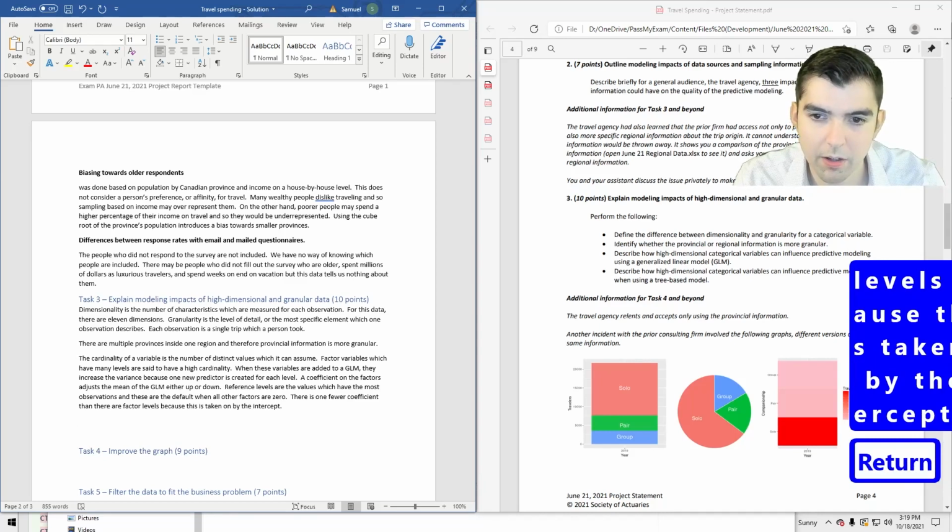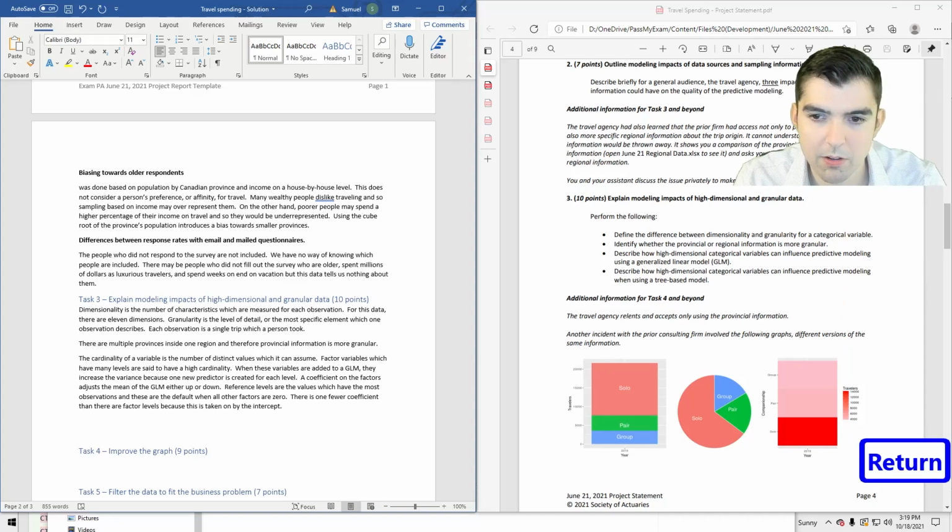Okay, and then describe how high-dimensional categorical variables can influence predictive modeling when using a tree-based model.